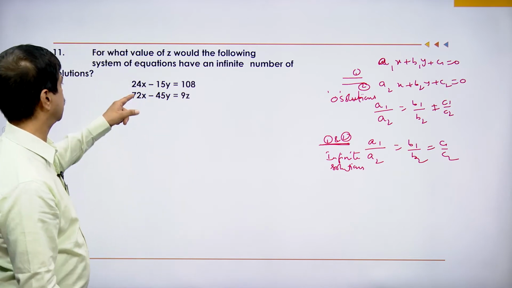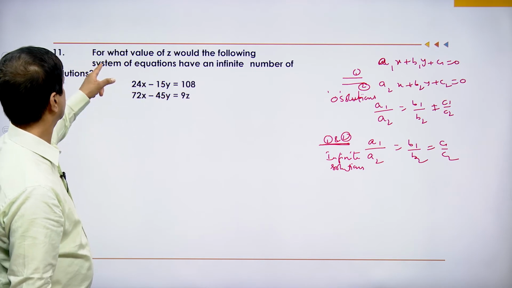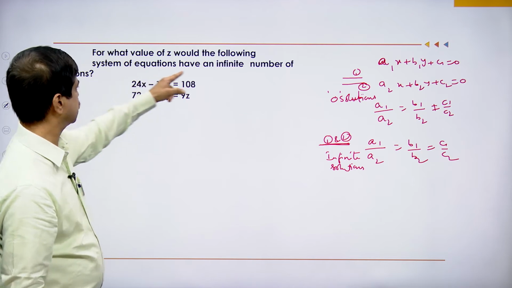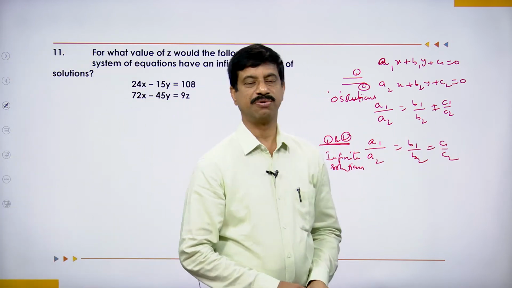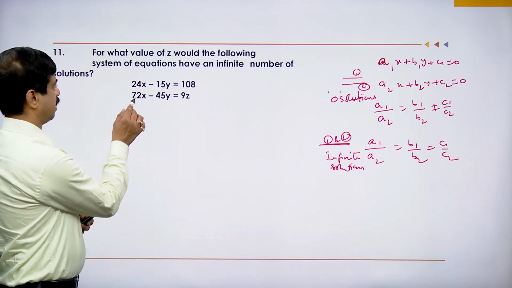Now you see here he gave x, 2 x's and 2 y's for what value of z, means 9z. So he says infinite solutions. So what is the condition we have to use? A1 by A2 equal B1 by B2 equal C1 by C2. So look at this. A1 is 72.